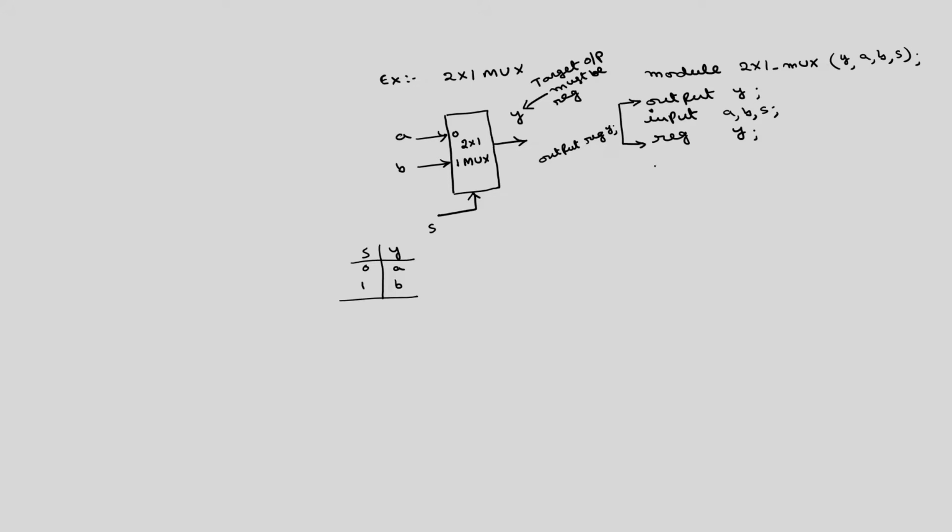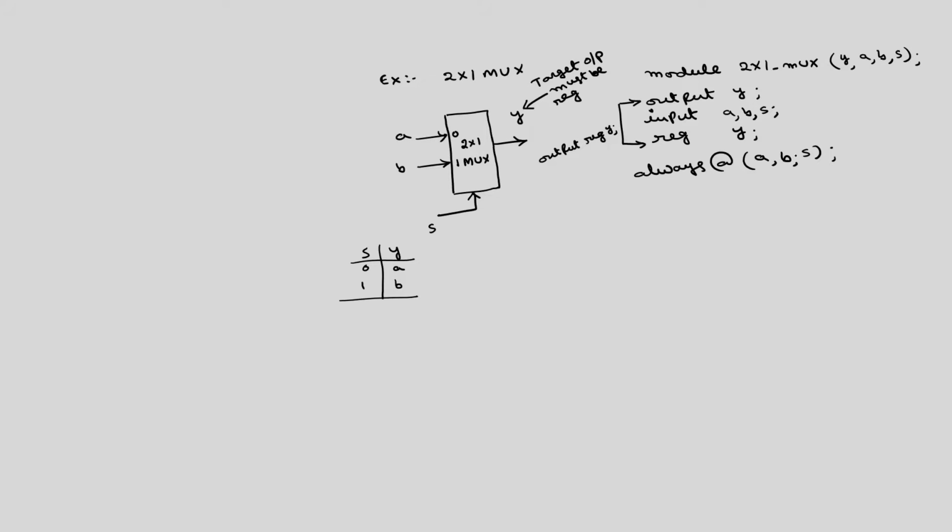Then you have to write always at the rate, followed by some conditional statement. So, what is the condition for the output to change? Either A changes, B changes or S changes. You can write or here.